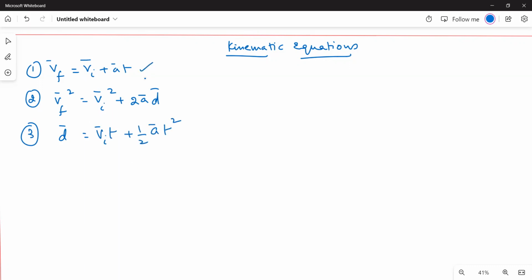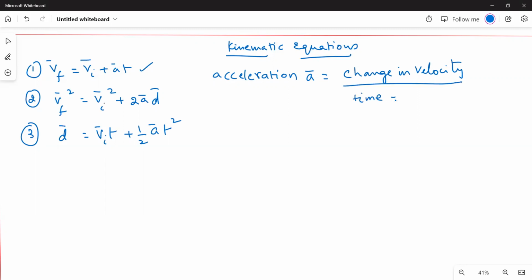Let us derive the first equation. We know acceleration is equal to change in velocity over a period of time, time elapsed.